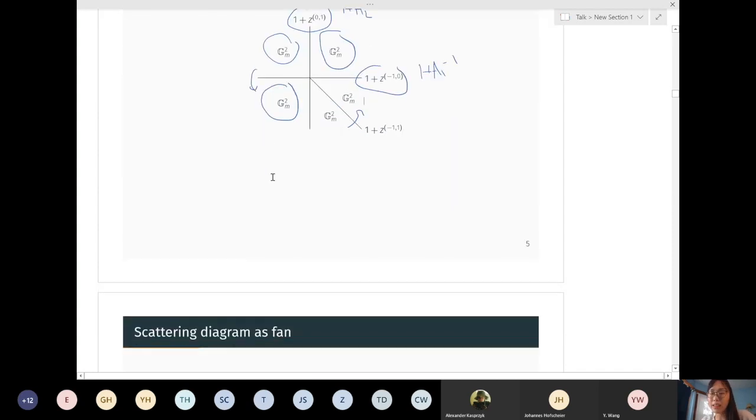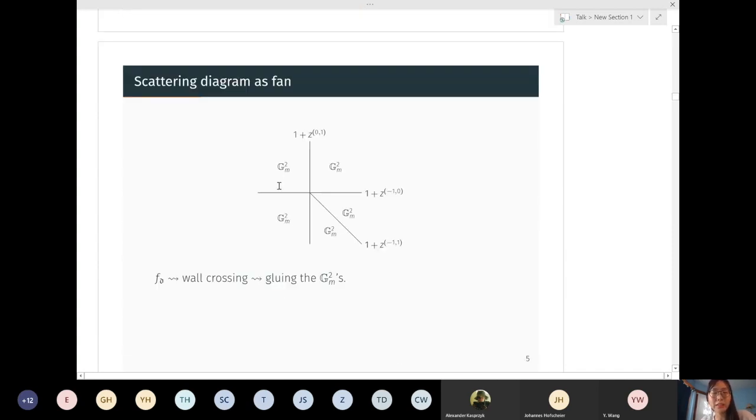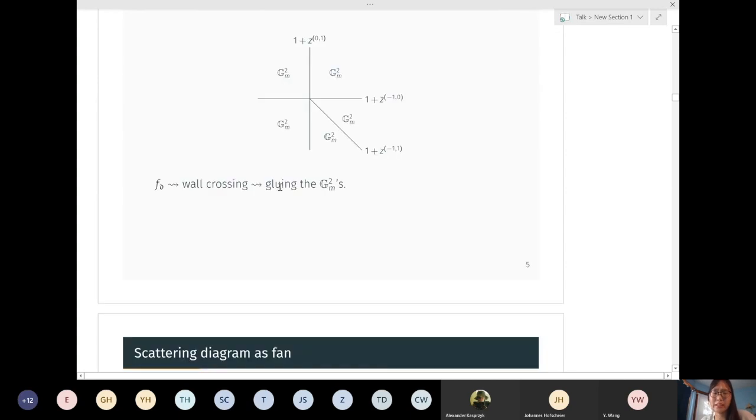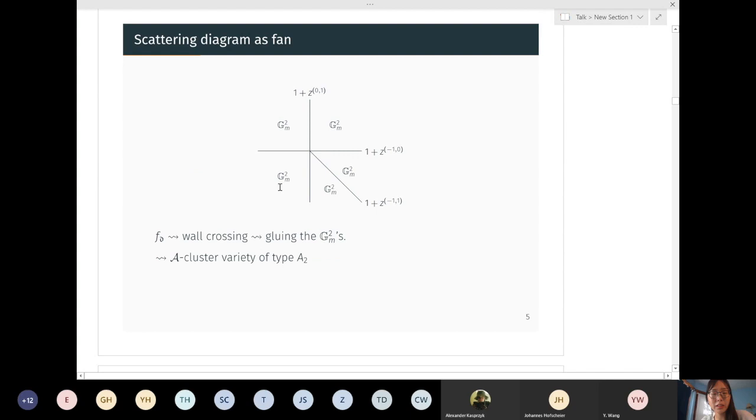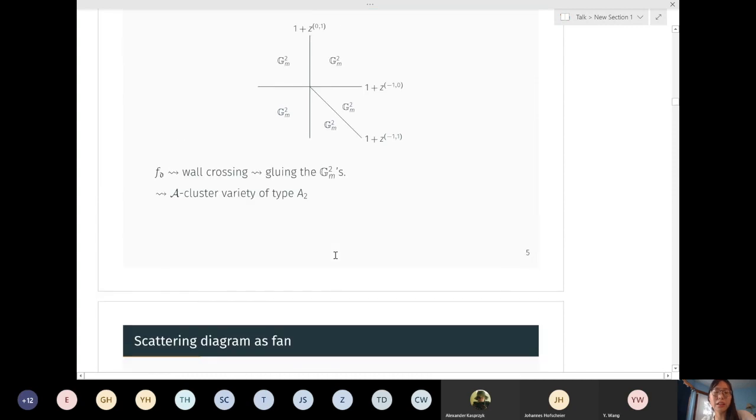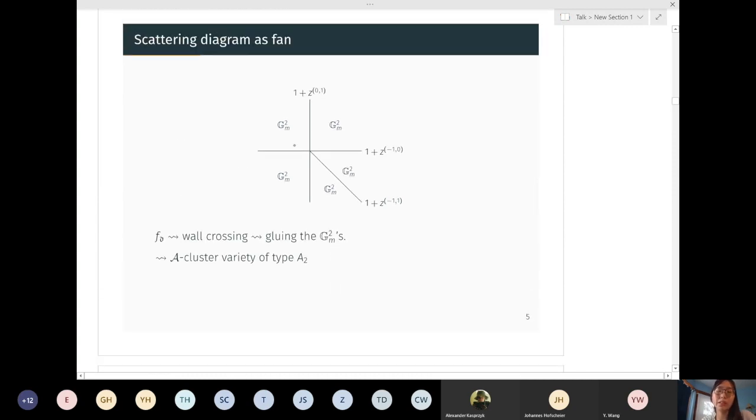That is how this is an analogy to the fan picture in the toric world. The function gives us wall crossing, that is the gluing. And gluing up these 5 tori, this is what I call the A cluster variety of type A2.